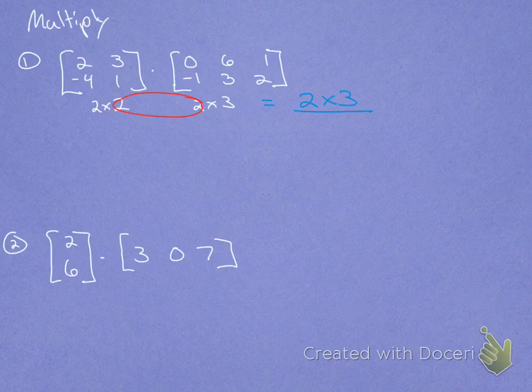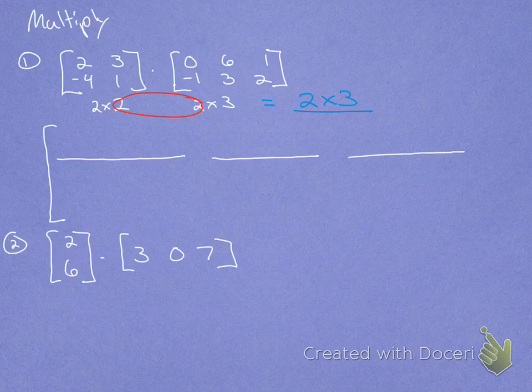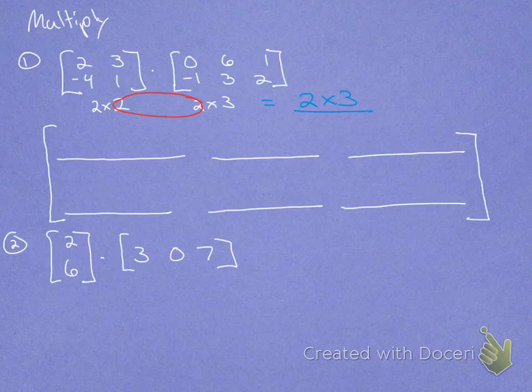Okay, and then I like to set up a really big place to do my work. It's 2 by 3. So 2 rows, 3 columns. Remember, these are hard to do in a video, but I'll draw 1 arrow, but then I'm not going to draw those arrows because it just makes a mess.